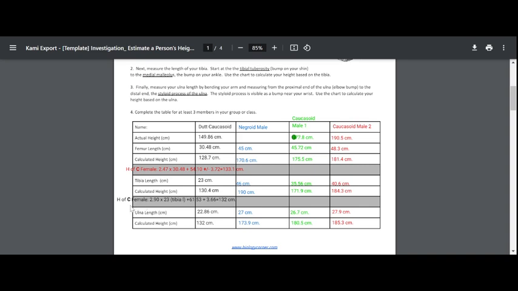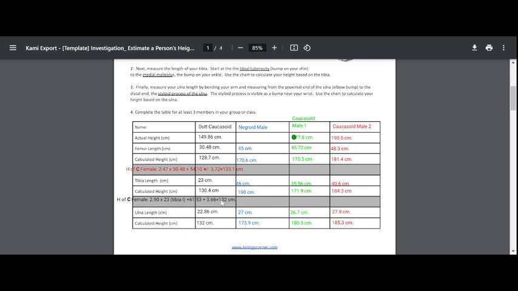Okay, so the height of the Caucasoid female is supposed to be 2.90 times 23, the tibia length, plus 61.3.66, which is equal to 132 centimeters.